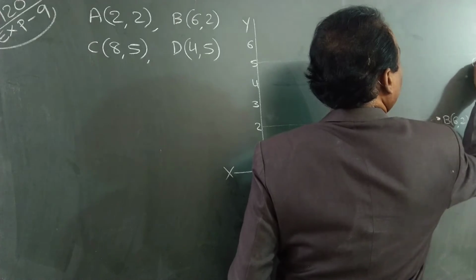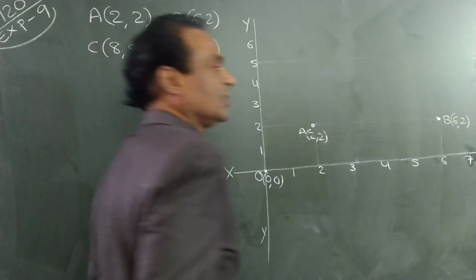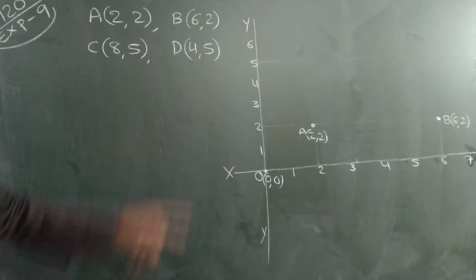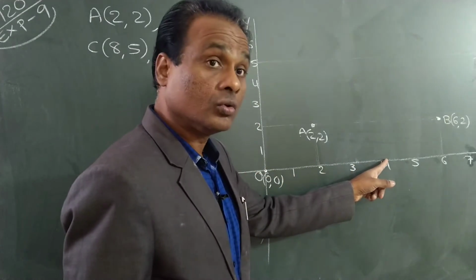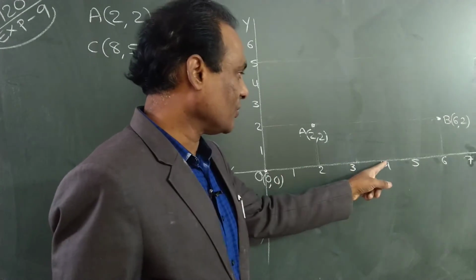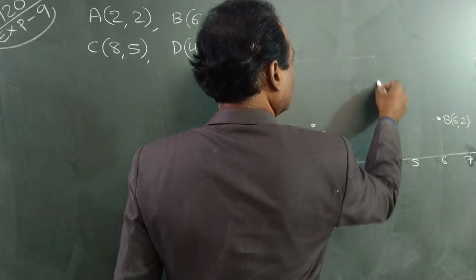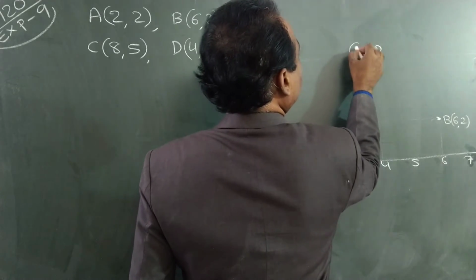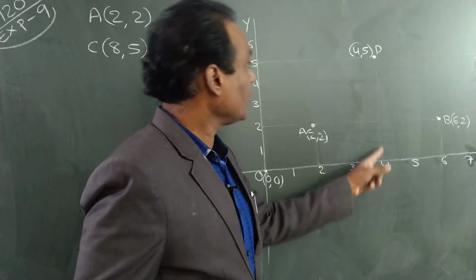This is point C (8, 5). D point (4, 5): X value 4, Y value 5.